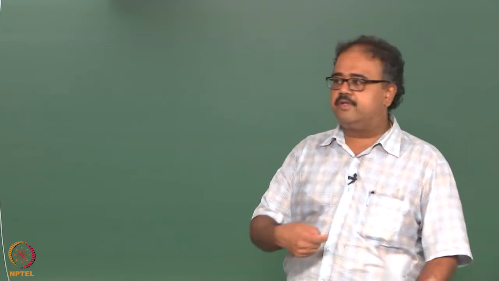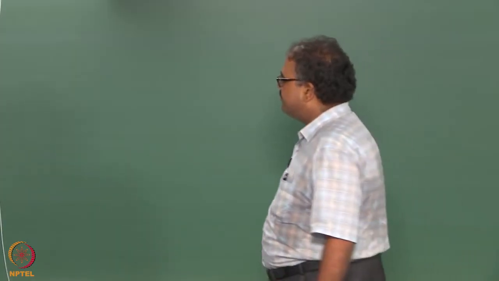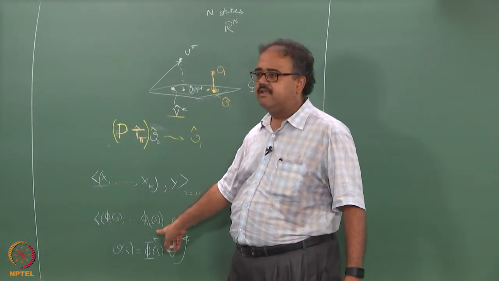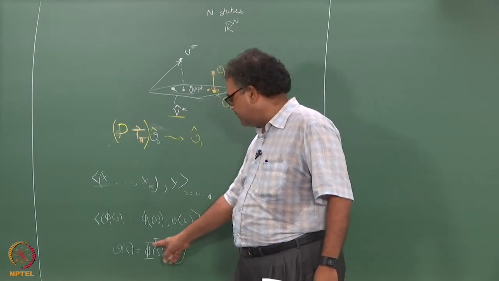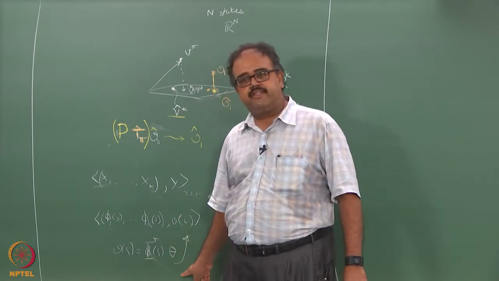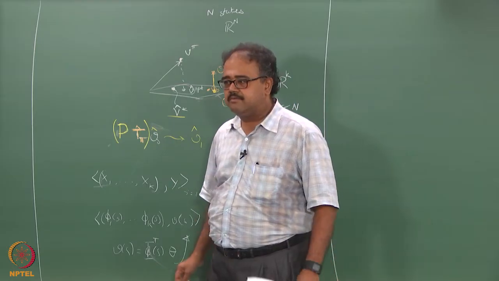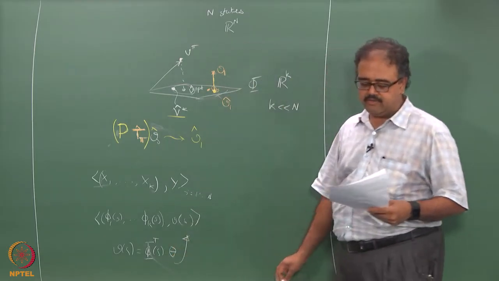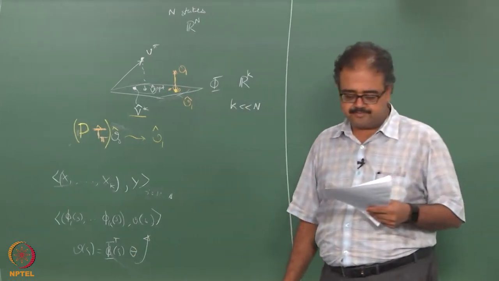Then I keep doing this again and again. So now if you think about it, my input is in the form of some phi's, and the output is in the form of some phi times theta.